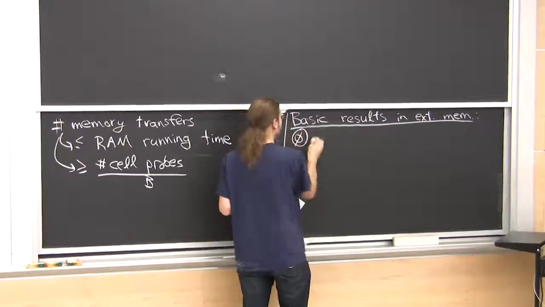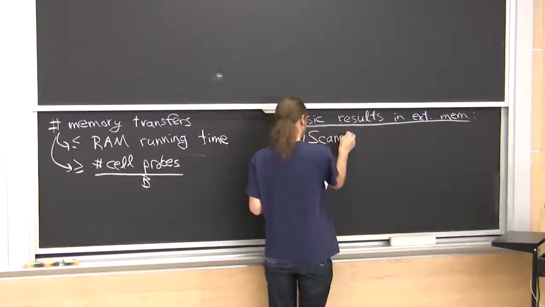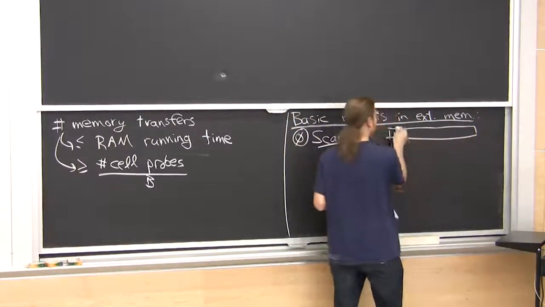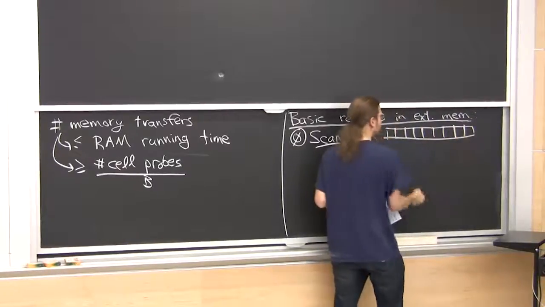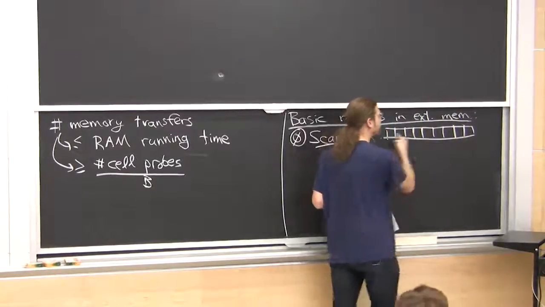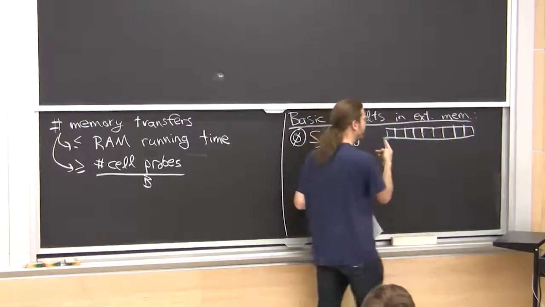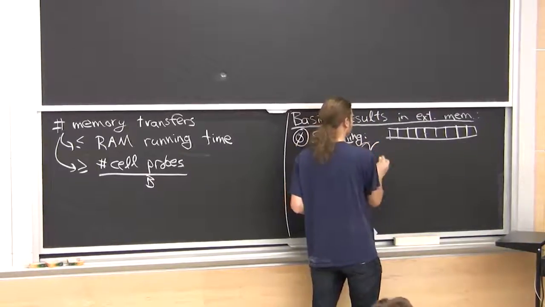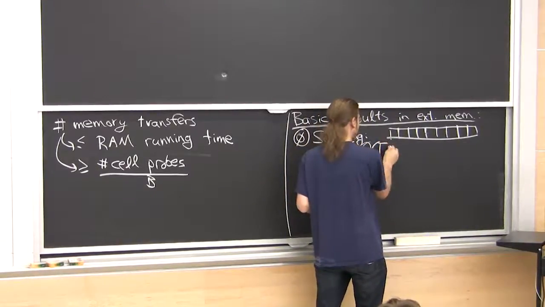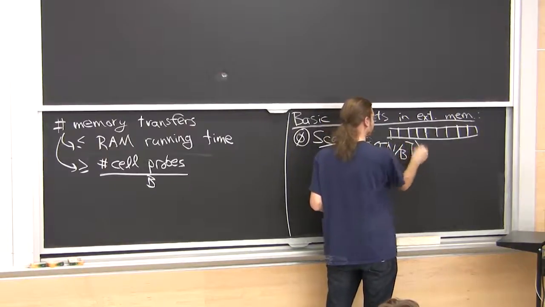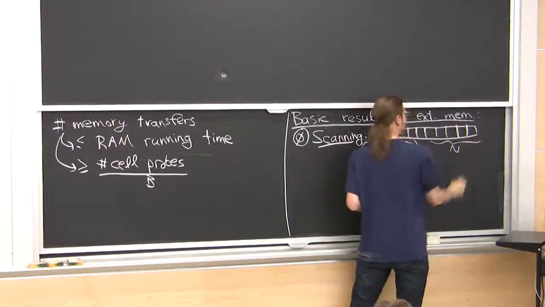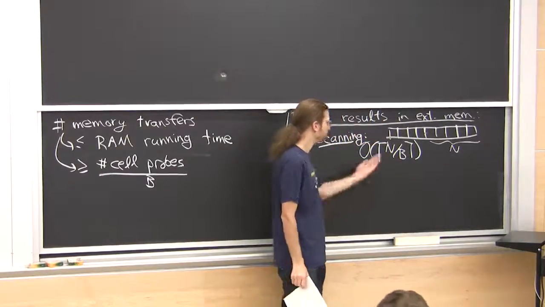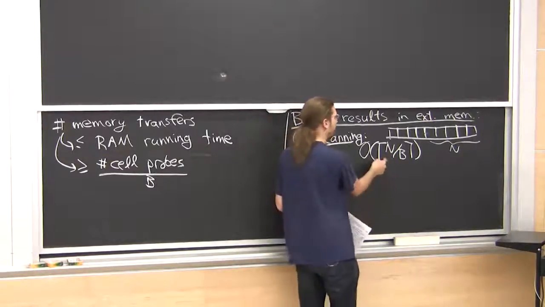Result 0 is scanning. So if I have an array of items and I just want to, say, add them all up or do a linear scan to search for something, anything that involves accessing them in order, this will cost, I guess, ceiling of n over B. If the array has size n, the number of blocks in that array is ceiling of n over B. And so that's how many block accesses it costs.